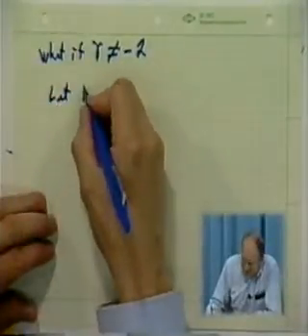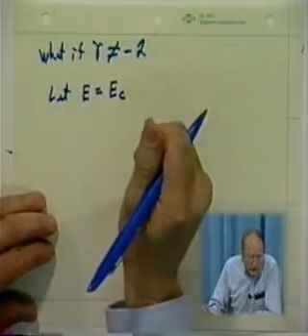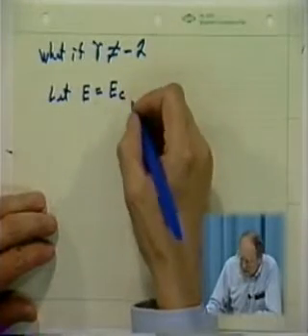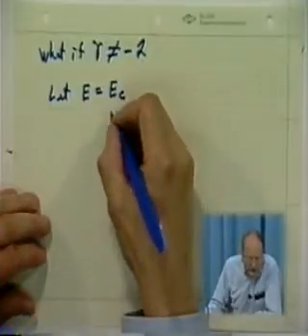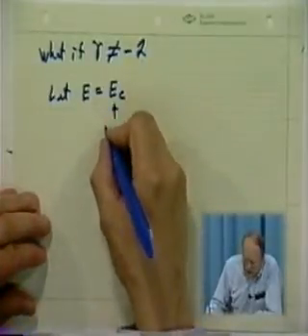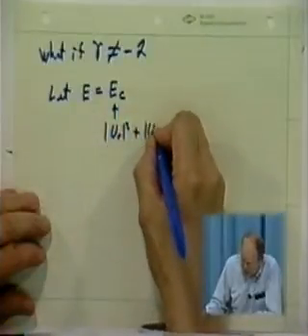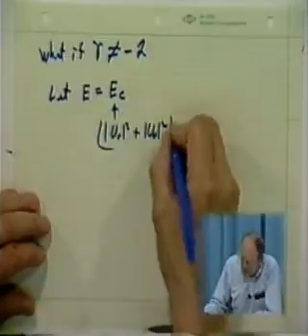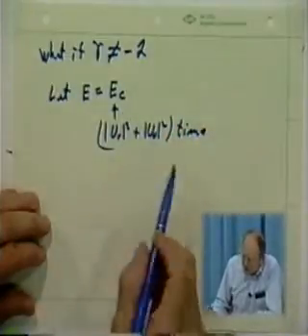Well, let the exposure be some number here, but E sub c is something sort of like a constant. And so that is something like u sub r squared plus u naught squared times time. And that may not be really a constant because u naught may vary as a function of position.